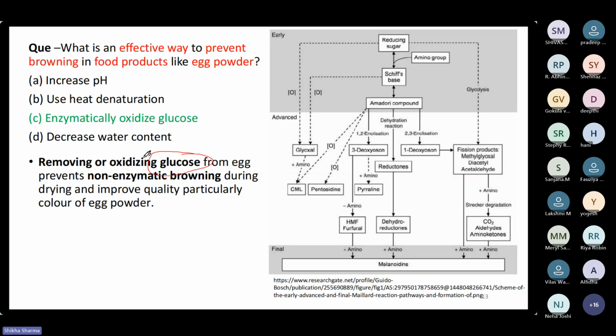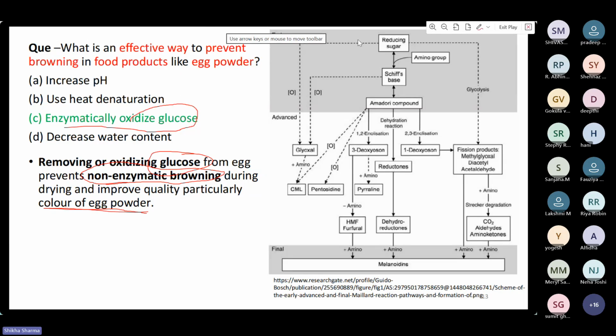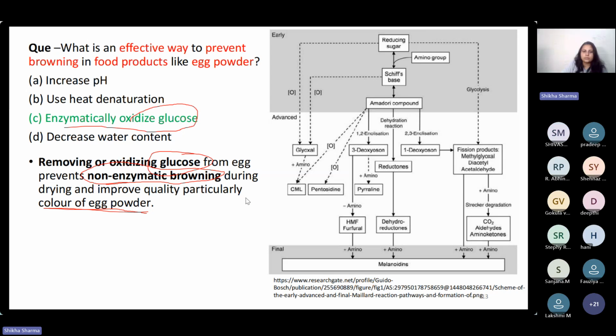Or what we can do is oxidize this glucose so that in the egg powder there will be no non-enzymatic browning. If there is no non-enzymatic browning, the color of the egg powder will remain fine and will not change. So we will do the enzymatic oxidation of glucose so that the Maillard reaction does not happen, and that's why the color of the egg powder will remain fine.